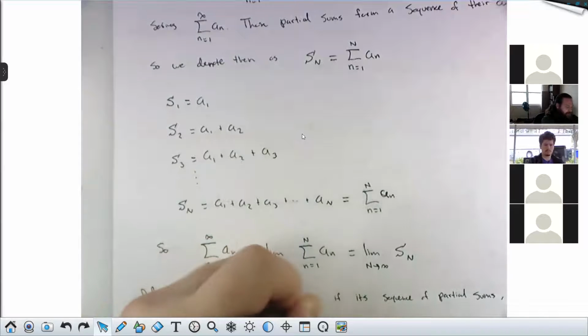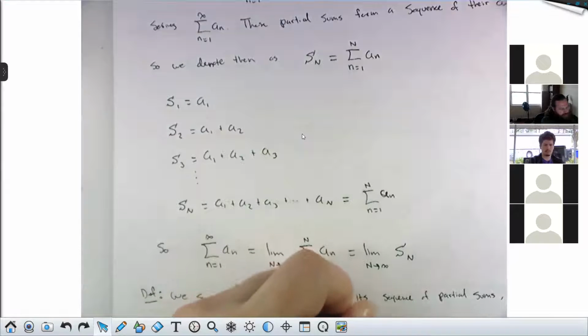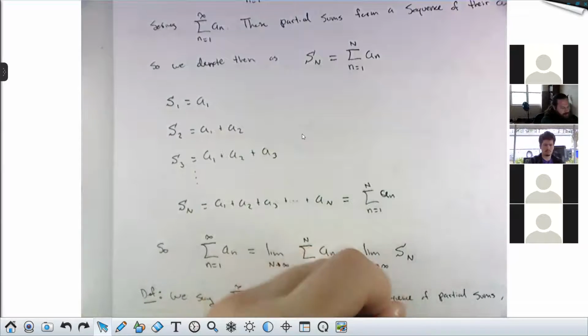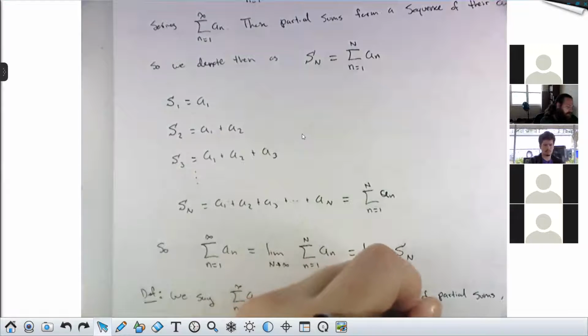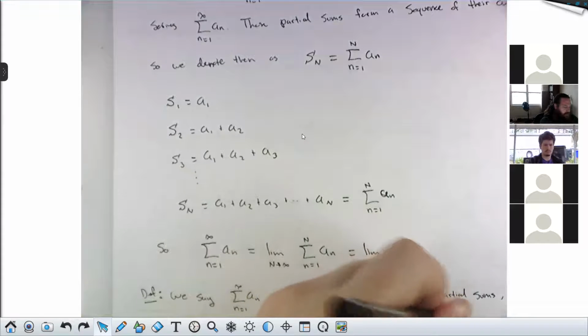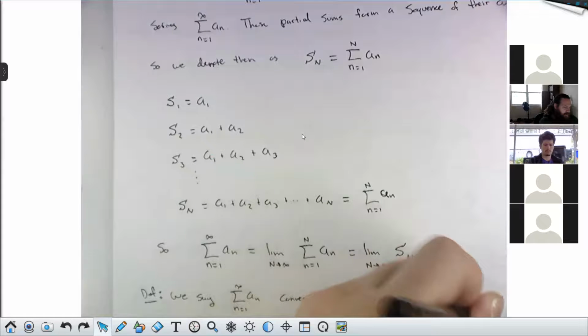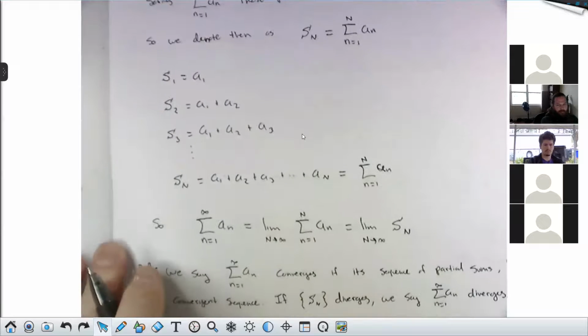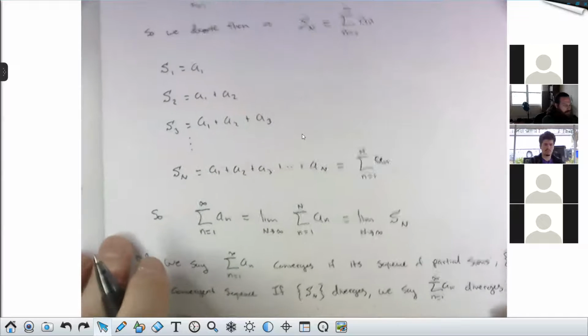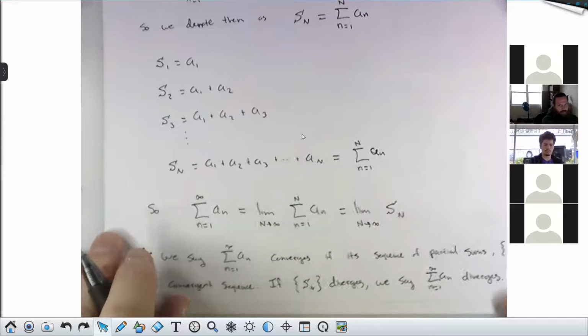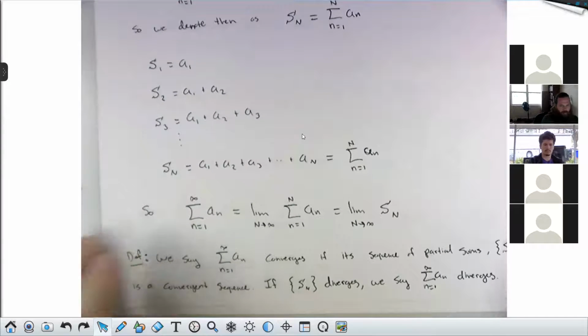If the sequence of partial sums S_n diverges, we say the series sigma n from 1 to infinity of a_n diverges. This is what it means to say an infinite series is convergent or divergent.